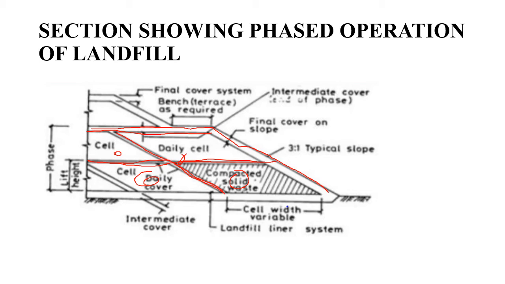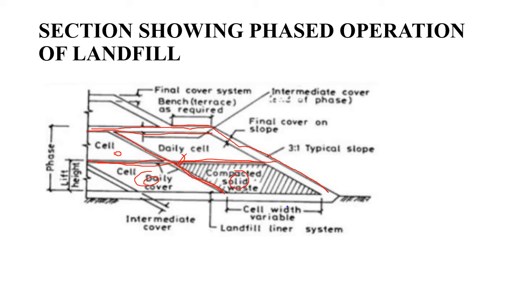As I said, a cell denotes the volume of material you have received for a particular day or operating period plus the daily cover, and a series of such cells comprises a lift. Sometimes, if the height of the landfill is more, you will provide a bench or a terrace, this portion. If the height is more, you provide a bench and then start the construction again.